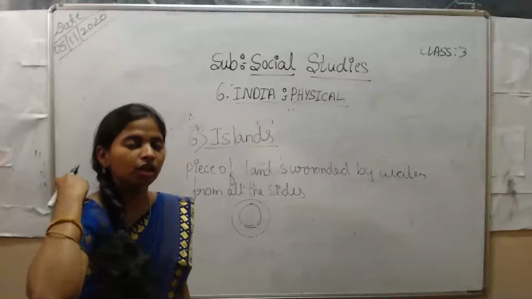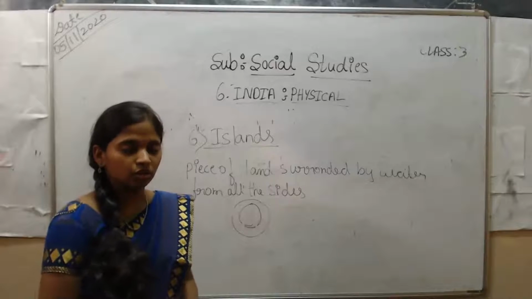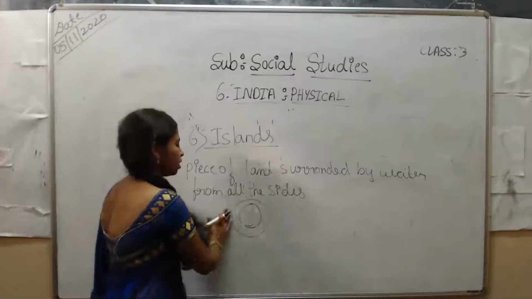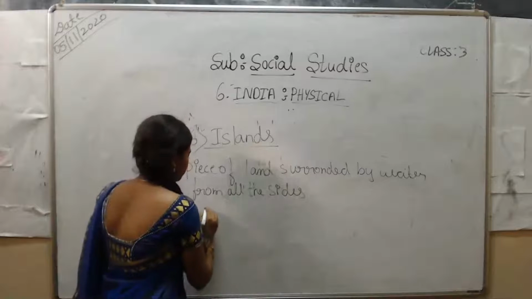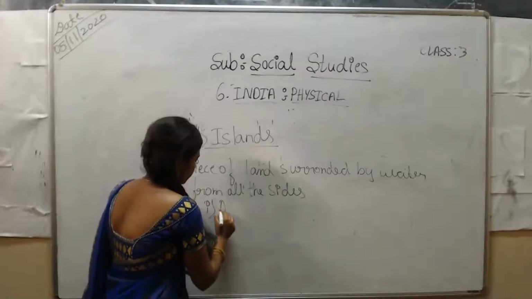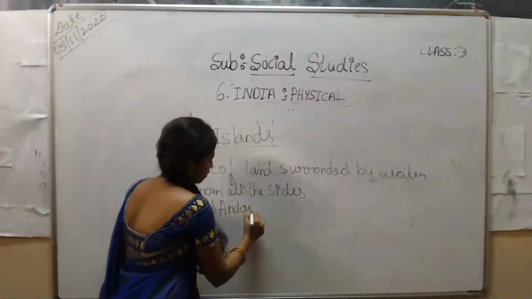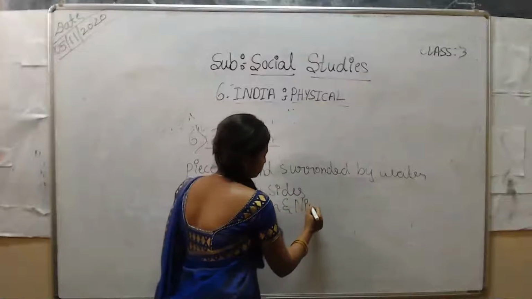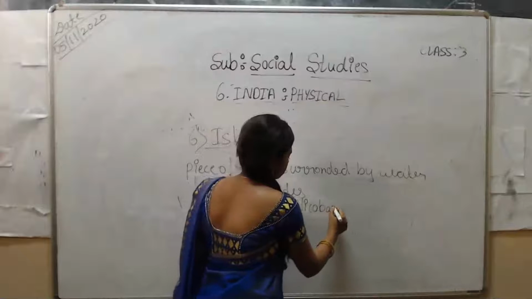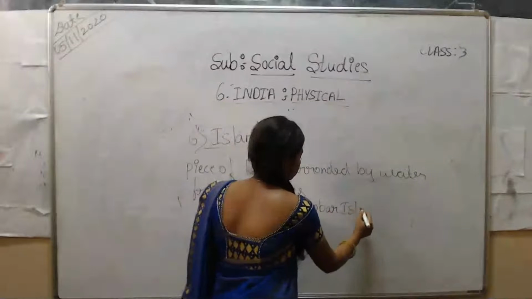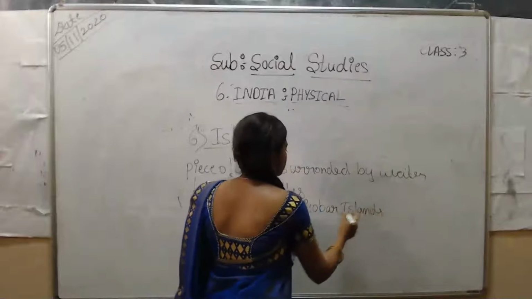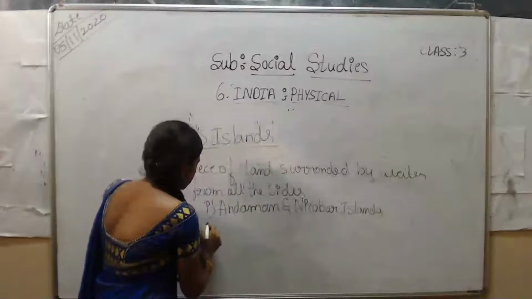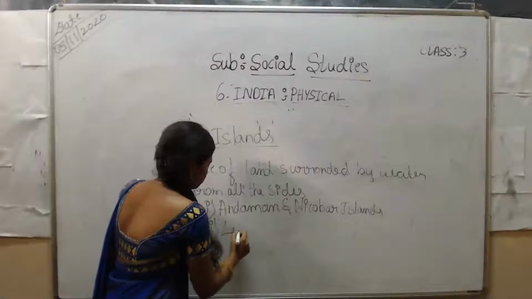So there are two main islands present in our India. What are those? First one is Andaman and Nicobar Islands. Then the second one is Lakshadweep Islands.